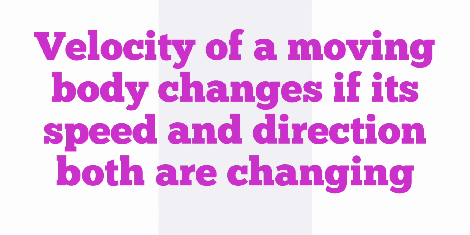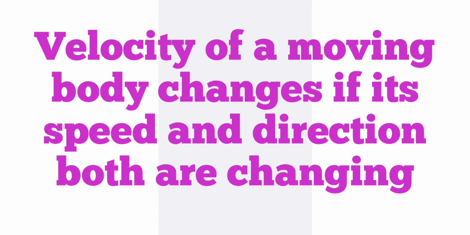Then of course you will ask, ma'am, if speed and direction both are changing? Then yes, if speed and direction both are changing, then also the velocity of the moving body will change. So in the above example, if speed is changing from 25 km/h to 26 km/h, and instead of going from A to B, it is going from A to C, then here speed and direction both are changing.